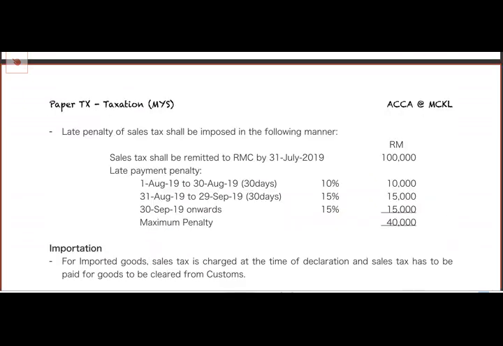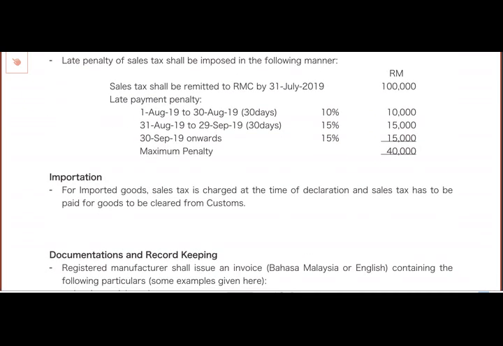Now what if you don't settle the sales tax on time? How does the penalty system work? The penalty system works in this manner. Now assuming this sales tax is to be remitted latest by 31st July, right? The first 30 days after you're late, they will add 10%.